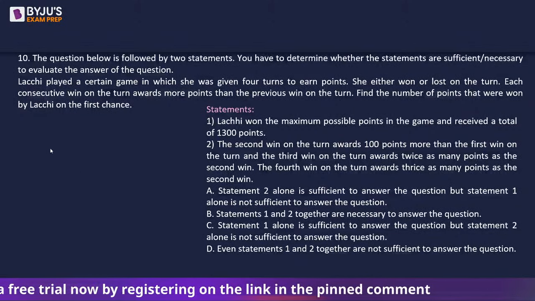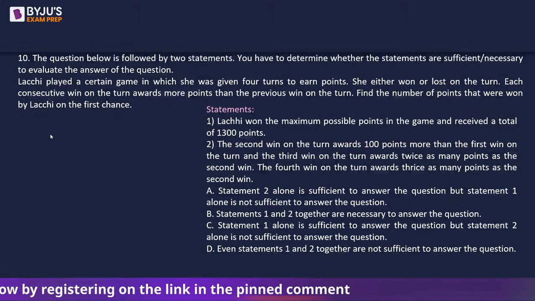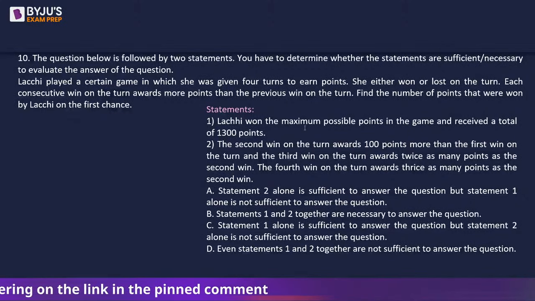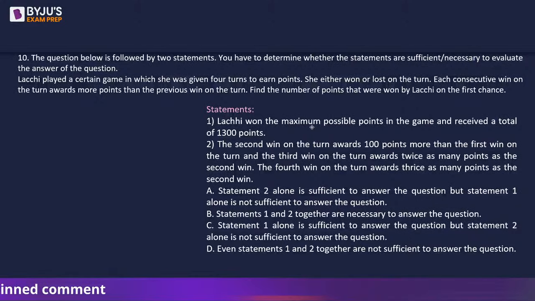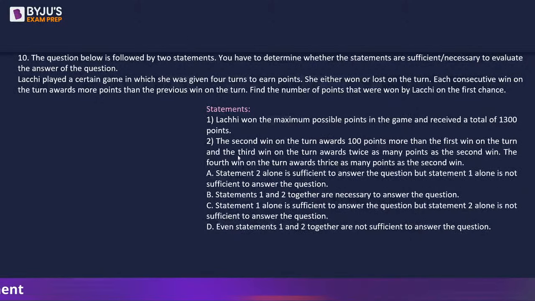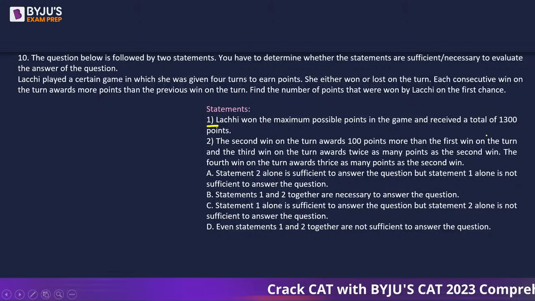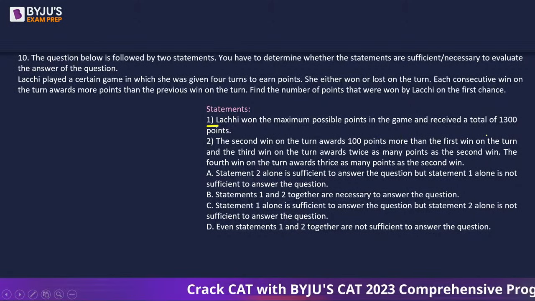Puzzle-based type, right? तो मैं इसको एक काम करता हूँ, थोड़ा छोटा कर देता हूँ, so that I'll have enough space to write. Okay. Lachi won the maximum possible points in the game and received a total of 1300 points.